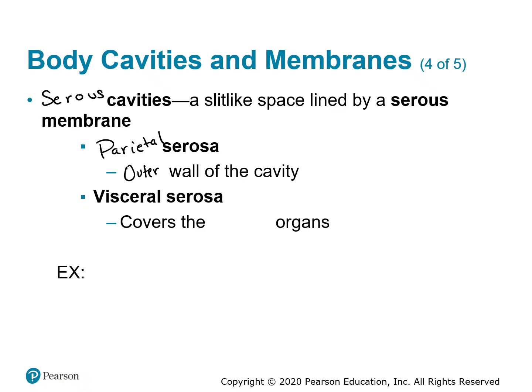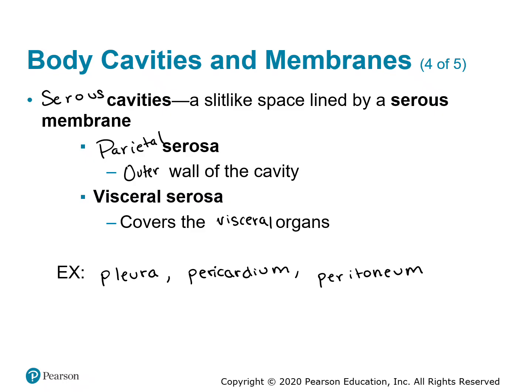It is right on top of the organ itself. Some examples of these serous membranes are the pleura, where your lungs sit, the pericardium, where your heart sits, and the peritoneum, where all of your digestive organs sit.